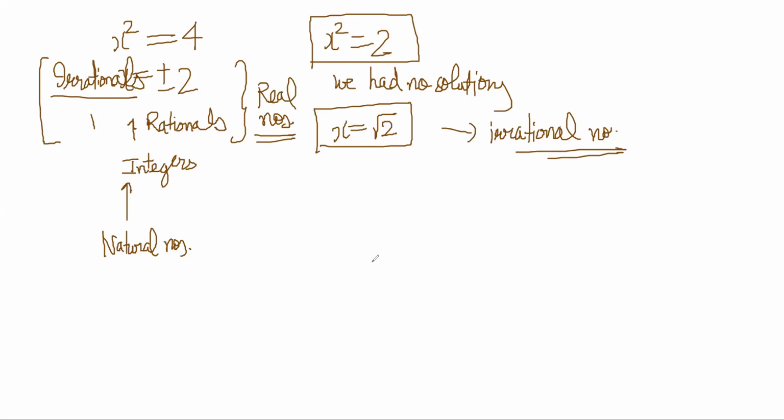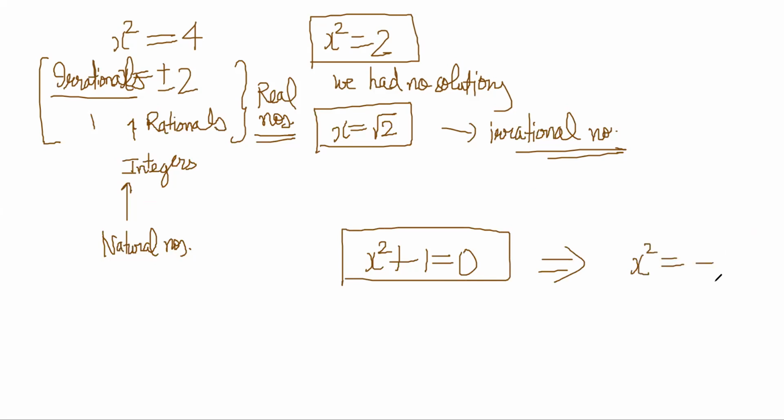Now, there was another problem that had no solution in real numbers. So we have to extend this now to imaginary numbers or complex numbers, plus or minus i. So now we go up another step to solve this particular equation.